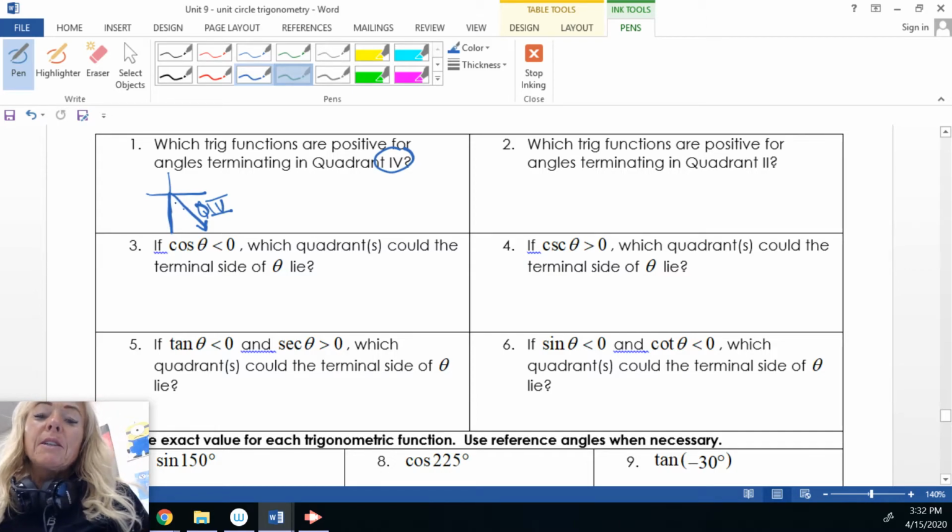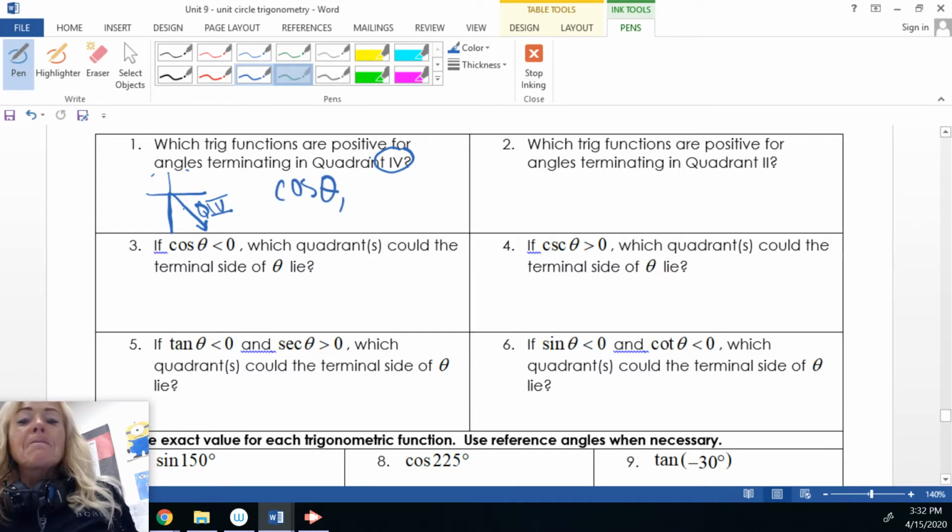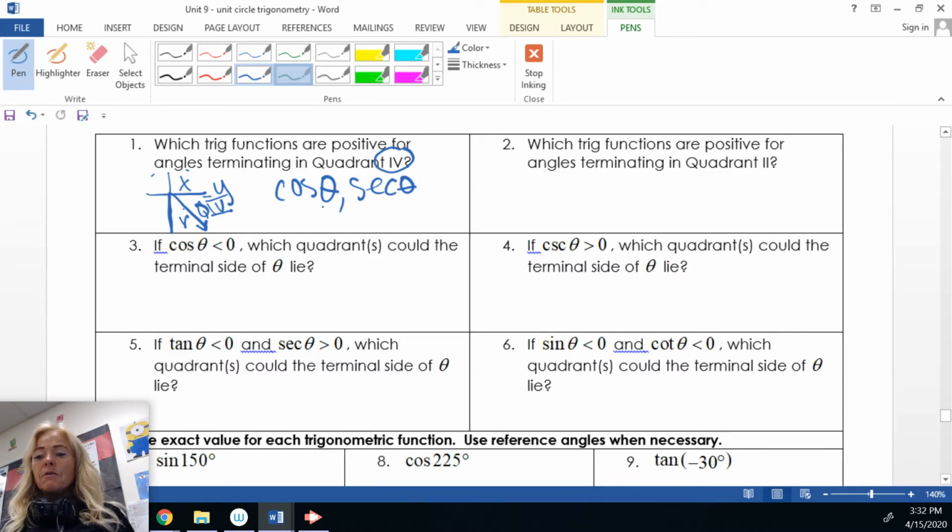So positive in quadrant 4, if you remember, all students take calculus, so it's cosine theta, and secant, its reciprocal, secant theta. Or if you remember, you have a positive x, a negative y, and a positive r. So anything with just x and r, which are cosine theta and secant theta, are going to be positive in quadrant 4.